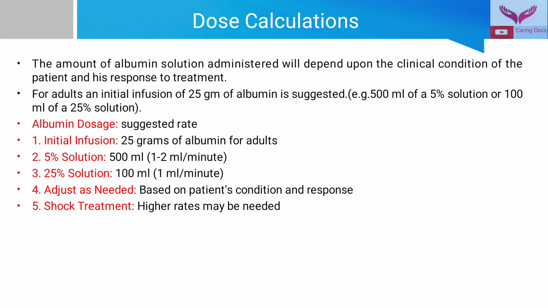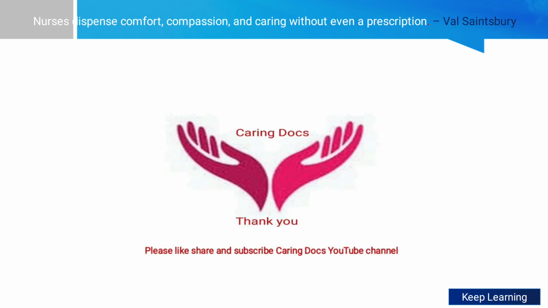For 5% solution, 500 ml is given at a rate of 1 to 2 ml per minute. For 25% solution, the 100 ml, 1 ml per minute infusion is started. We have to adjust the dose based on the patient's condition and response. Higher rates may be needed in patients with shock.